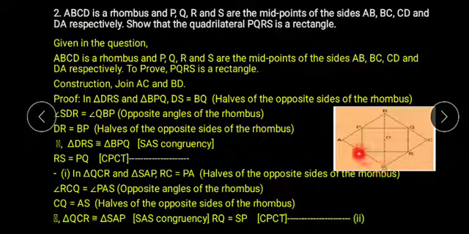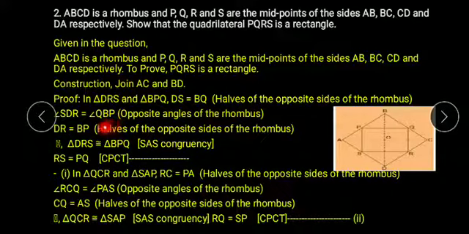DS is equal to BQ. Now what is the reason? See, these are the midpoints, okay? Midpoint means these two are equal parts. And similarly, these two are also equal parts. Moreover, in a rhombus, all the sides are equal. So we can directly say DS is equal to BQ.